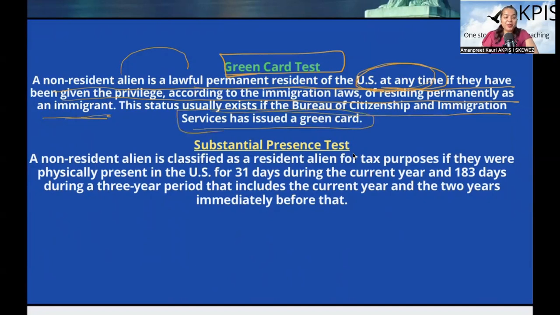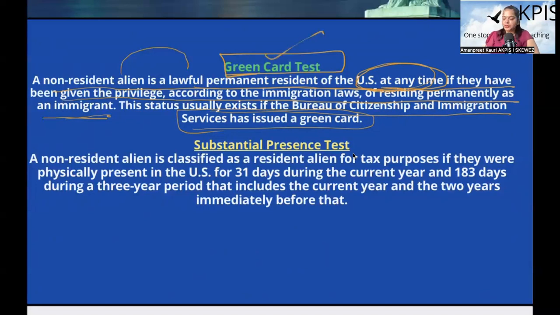That means initially you were a non-resident, but after complying with the conditions of the immigration body of the United States of America, you have been allocated a green card of the US. So you will become a resident alien.